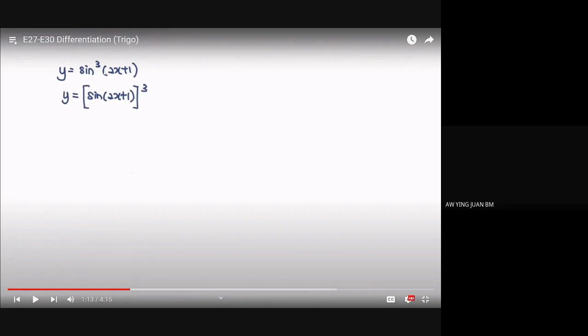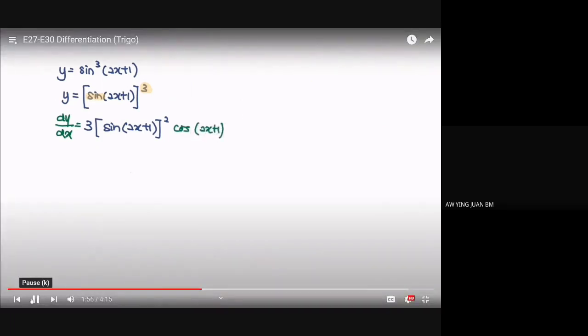So ketika kita differentiate benda ini pun sama, kita ada banyak layer. Layer pertama iaitu power 3. Layer kedua iaitu sine. Layer ketiga iaitu 2x plus 1. Cuba tengok macam mana kita selesai soalan ni. Is the same. So now let's begin with the situation. Differentiate y with respect to x. So we will have dy dx.